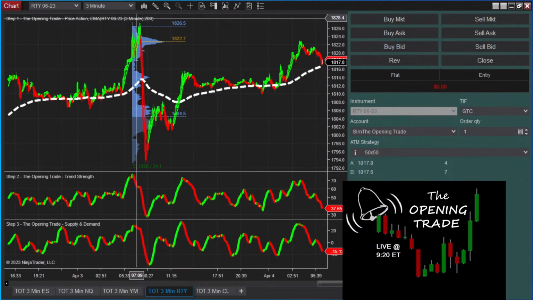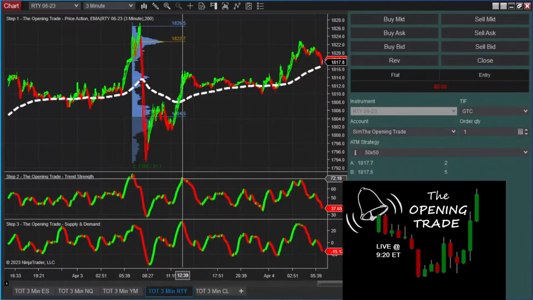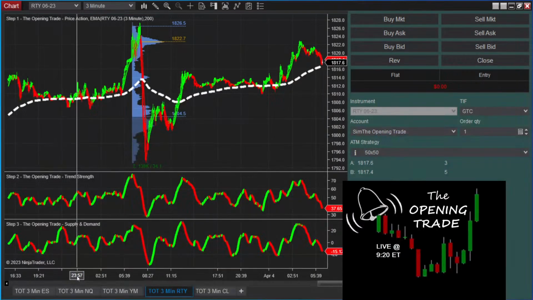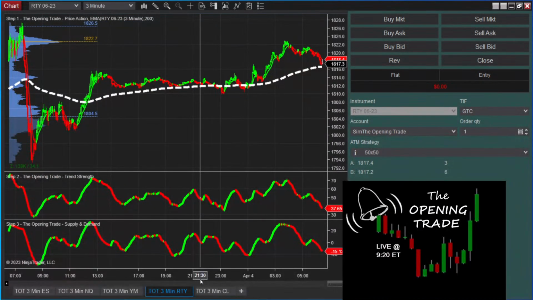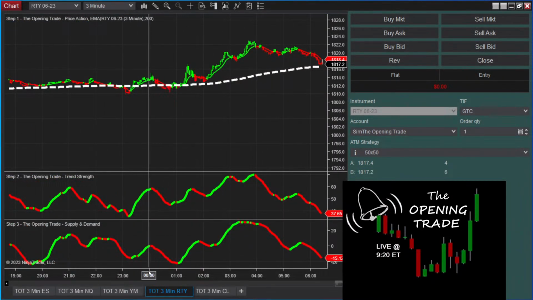Wow, look at that spike up and then down. This is the beginning of yesterday. It goes all the way to here. And yesterday was a crazy Russell day.